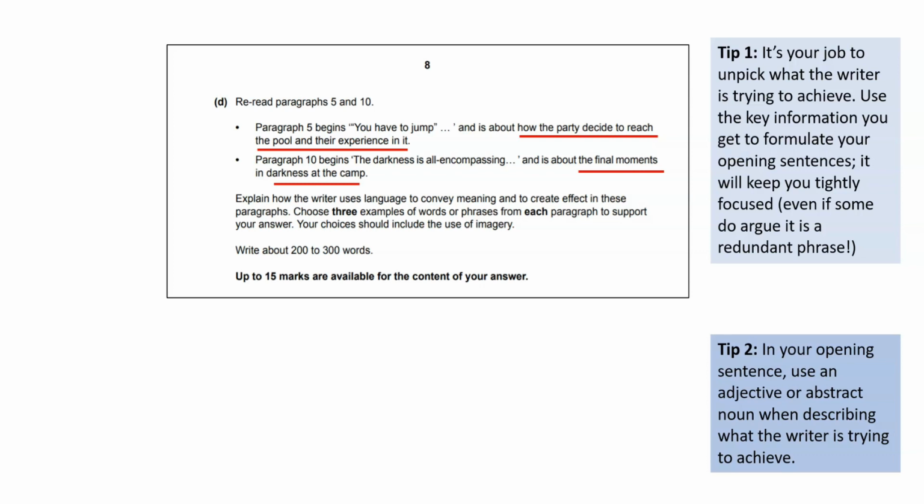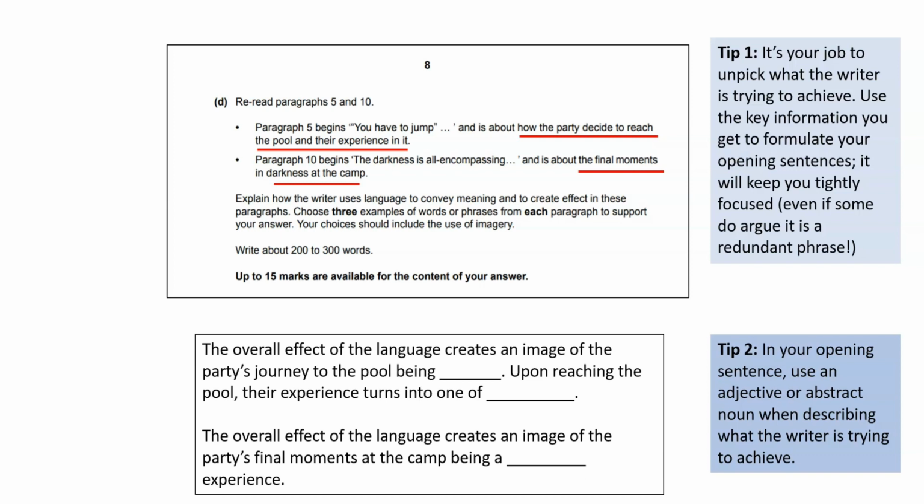So let's take a look at that in action. So for the first bullet point, the overall effect of the language creates an image of the party's journey to the pool being, so a suitable adjective depending on what that journey is like. Upon reaching the pool, their experience turns into one of, and maybe a suitable abstract noun could go there.